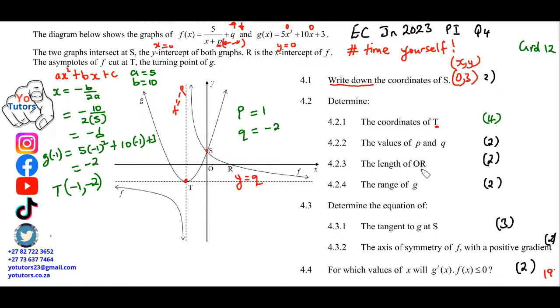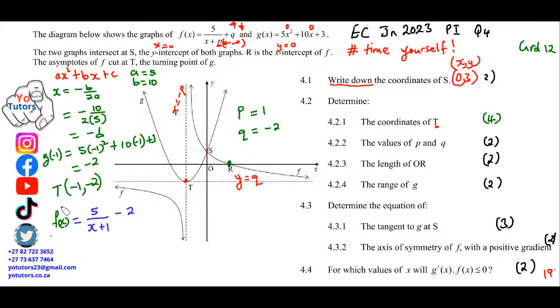Then length of OR. Length of OR, we're just looking for the x coordinate. So the coordinate of R, that's what you're looking for, which is the x value. So how do we get that? We only get the x-intercept when y is equal to 0. So if we write the equation of f of x, let's use another color there, f of x is equal to 5 over (x plus 1) minus 2.